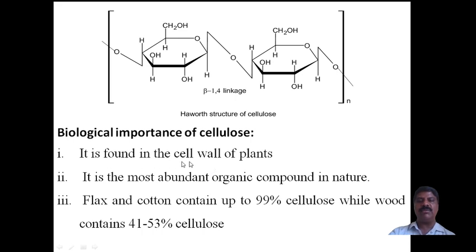Therefore, it is found in the cell wall of plants and it is the most abundant organic compound in nature. Flax and cotton contain up to 99% cellulose, while wood contains 41 to 53% cellulose, and the rest is different, like starch.